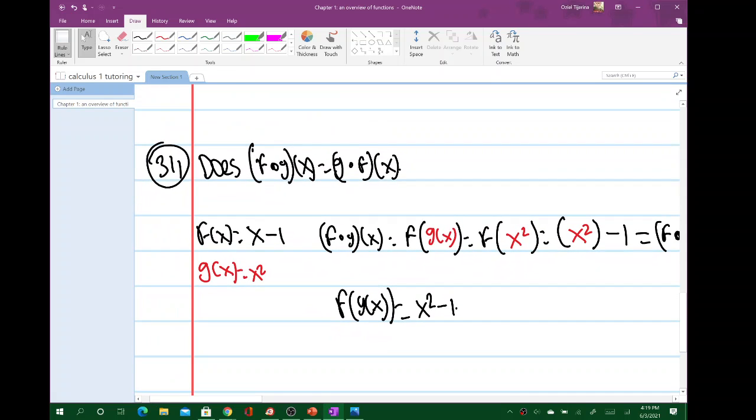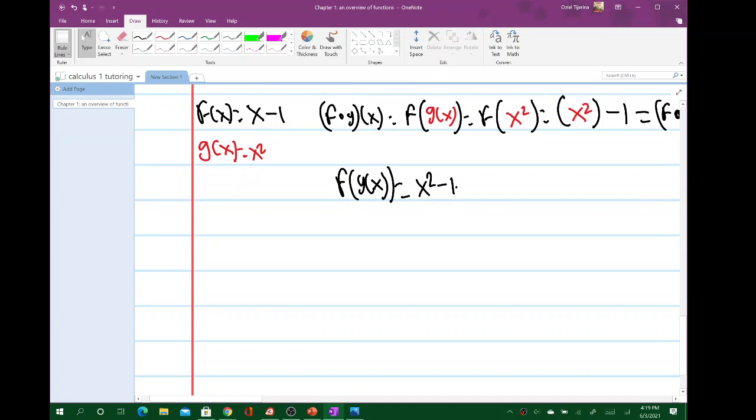And what this is asking is if f of g of x is equal to g of f of x. And basically, is this theorem true at all? And so we're going to do g of f of x to see if we get the same exact thing we got over here. So now we're going to do g of x minus 1, okay?